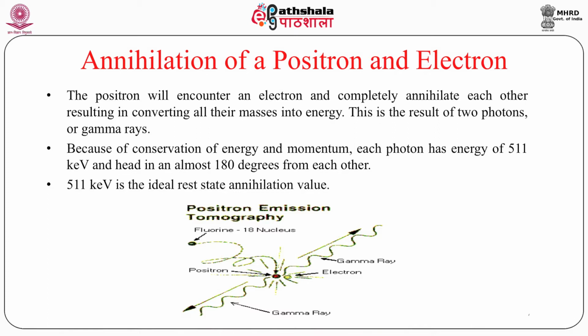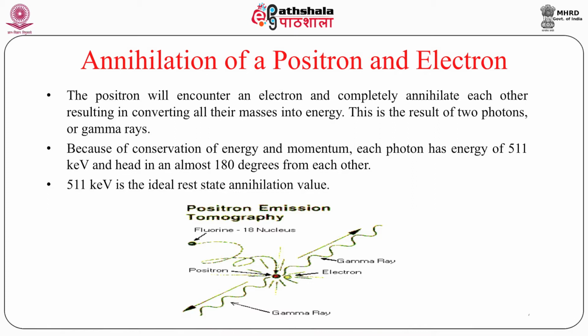Whatever energy the positron has is in the MeV range. Finally, after the annihilation, two photons of 511 keV come out. The objective of the camera is to detect these two photons which are emitted from a particular point.